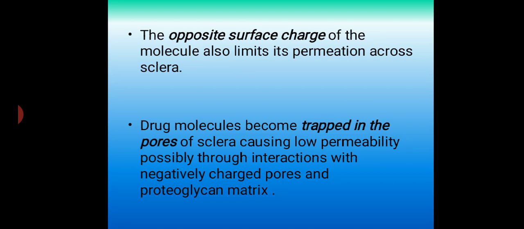The drug we administer can bind with the ions present in the tear drainage system, or in the aqueous humor. So this drug molecule can bond with oppositely charged substances, and these may become a macromolecule and be trapped in the pores of the sclera, causing low permeability.